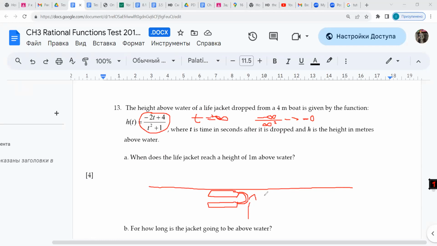So it won't float, basically, according to this function. It will float, but under the surface of the water.